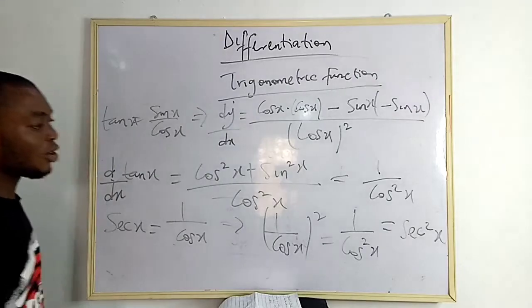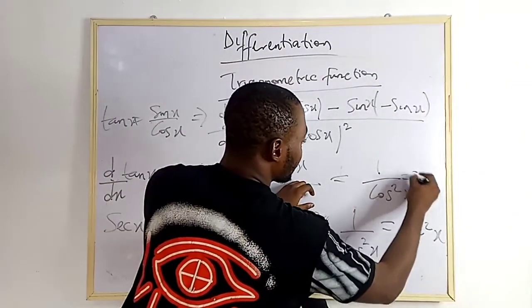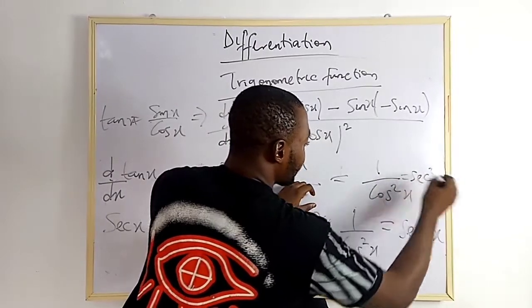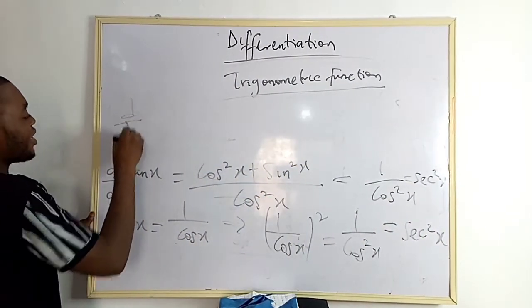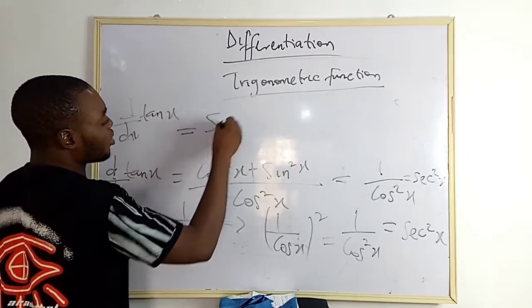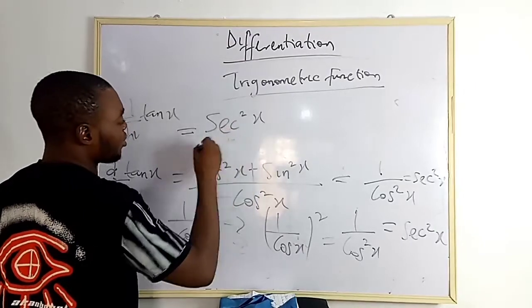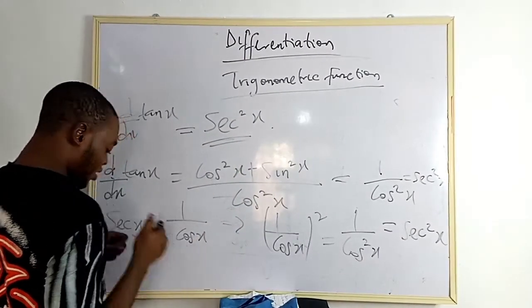So the whole of 1 over cos squared x equals sec squared x. That implies d/dx of tan x equals sec squared x. The derivative of tan x is sec squared x.